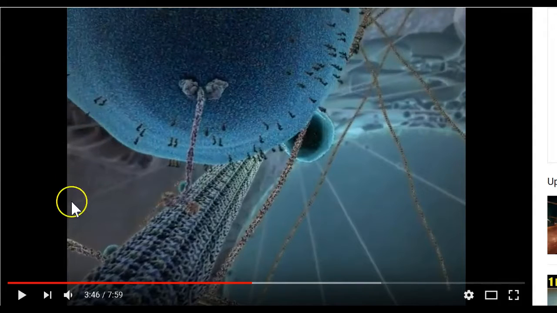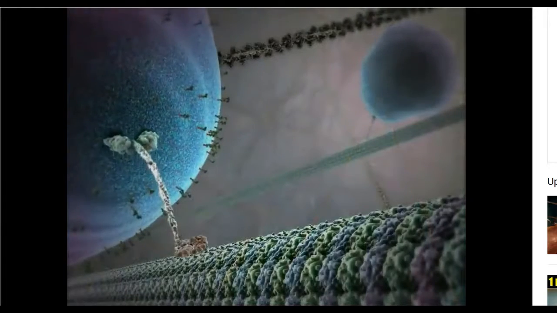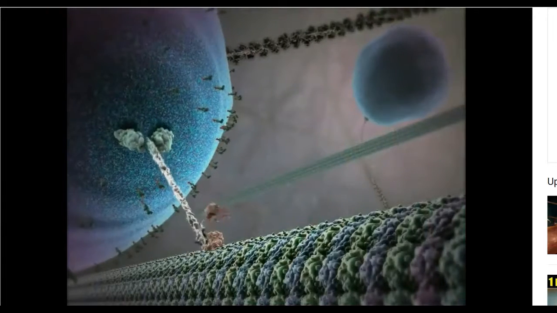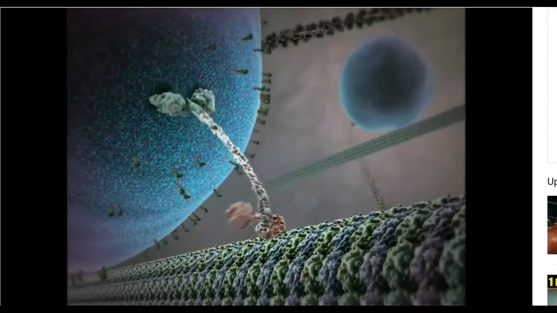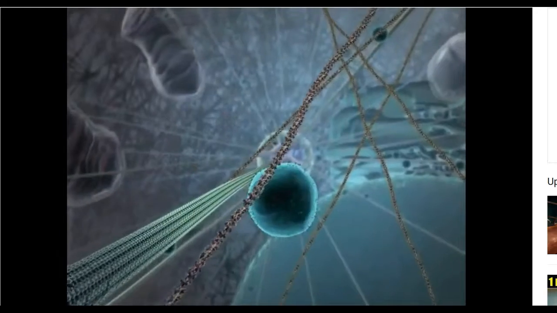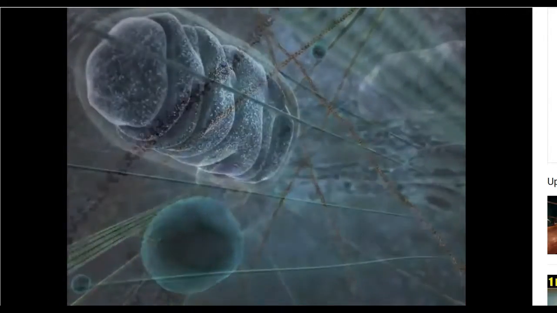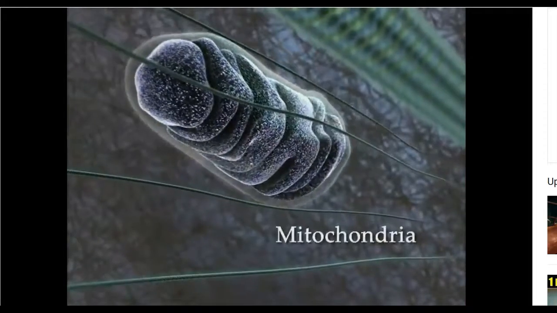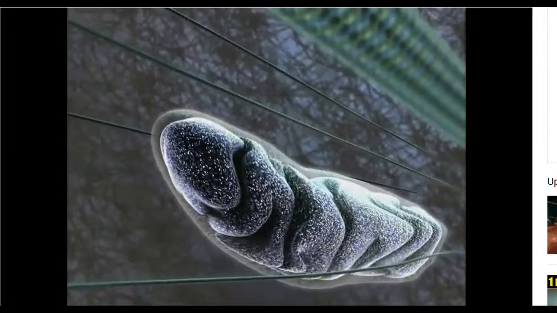A number of different things can be in this vesicle. The motor protein, this is like one of my favorite things to see in the cell. And this is happening inside every one of your cells right now. There's a mitochondria. It's using microfilaments in order to move.